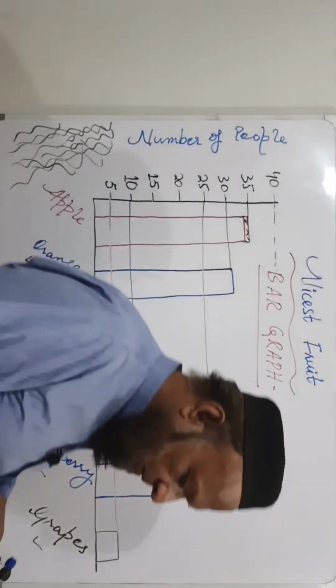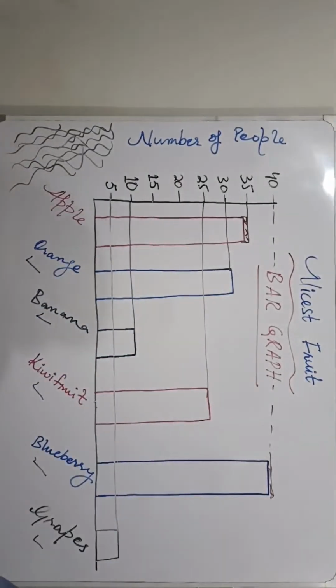This is a model bar graph in front of you, and we have evaluated from it how many people like which fruit in a data sample.